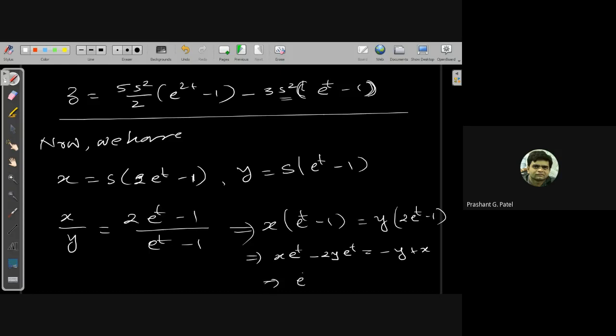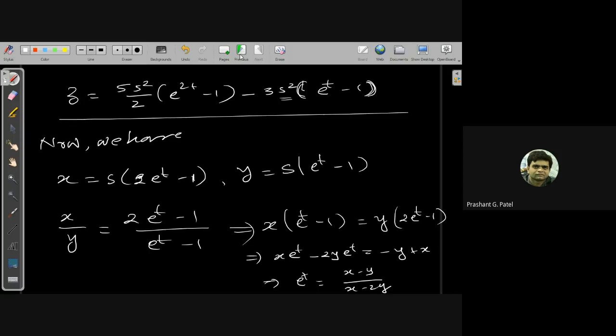So the value of e power t will give me (x minus y) upon (x minus 2y). So this is the value of e power t. Now what will be the value of s? You can substitute in any one of these.